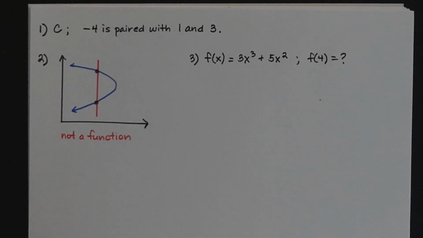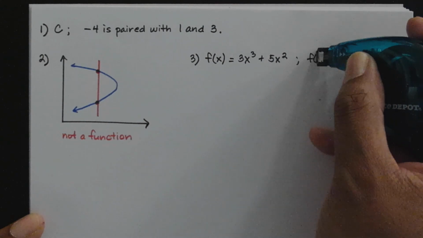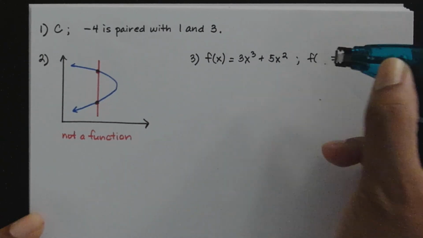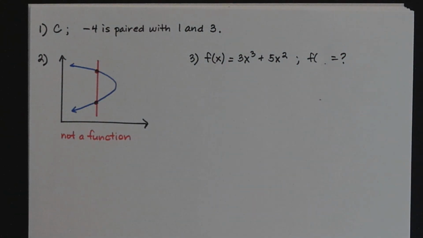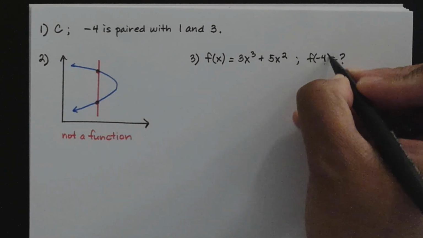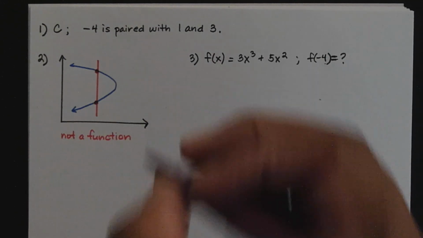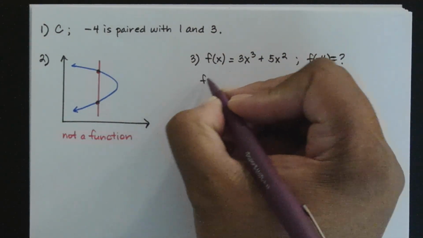And in this case, we just simply substitute every x in that. This should be -4, sorry. The f of -4. All right, so we just substitute every x with -4 in this function.